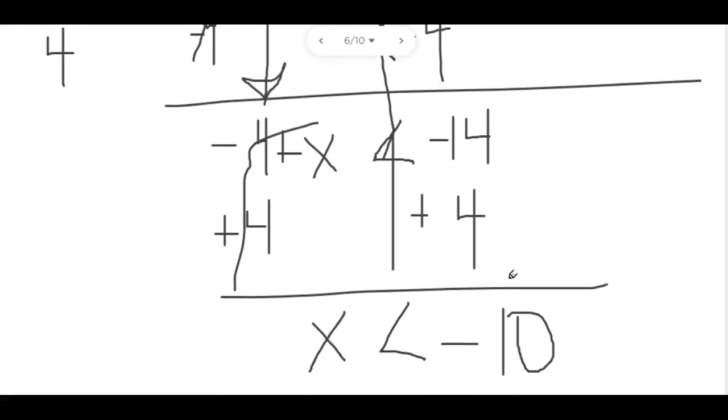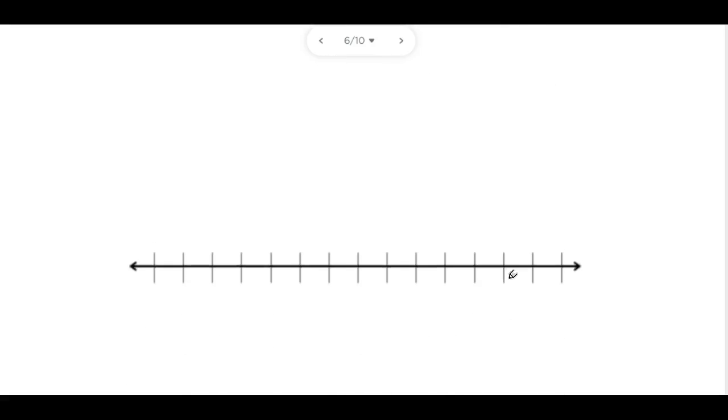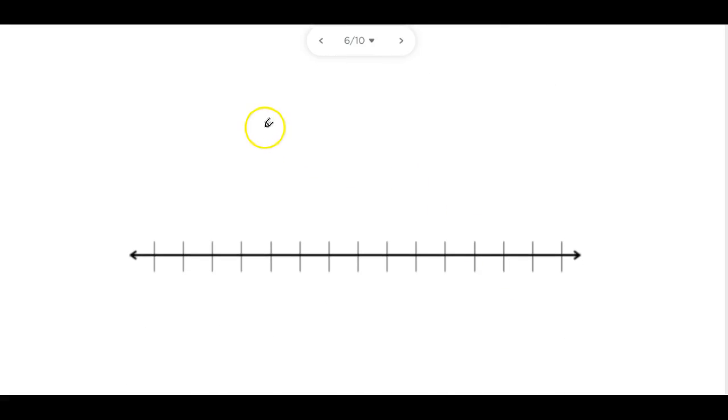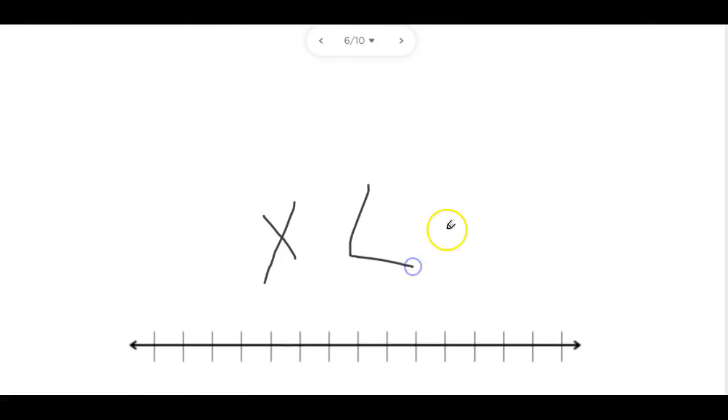So we'll come down here to our number line, and we said x is, and what do we say, greater than or less than? So it's less than negative 10. Let's see, 0, 1, 2, 3, 4, 5, 6, 7, 8, 9, 10.